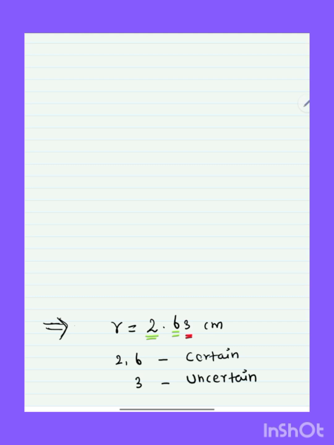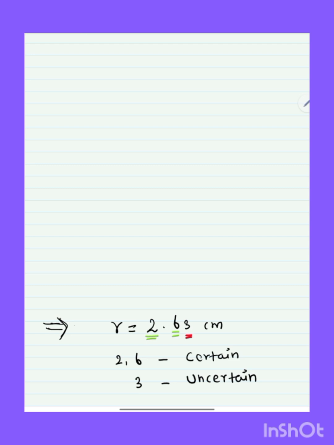Here is the typical result of a measurement of the radius of a circle, which we represent as r is equal to 2.63 centimeter. The digits 2 and 6 are certain, meaning we know their precision exactly, while the digit 3 has some uncertainty in it.